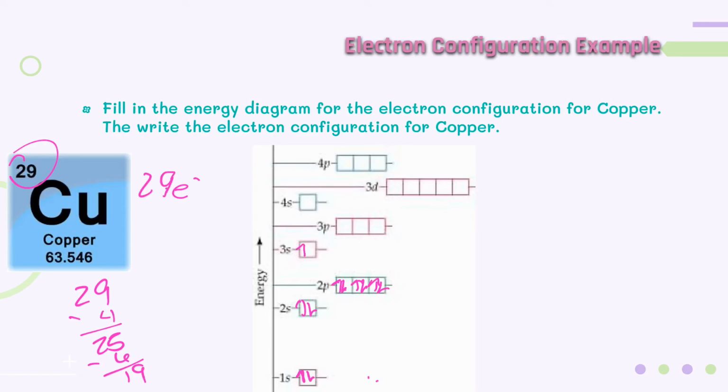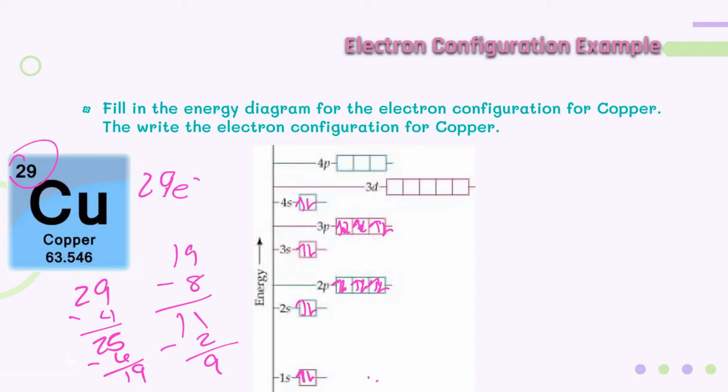So my 3s, 1 up, 1 down, 3p, 1 up, 1 up, 1 up, 1 down, 1 down, 1 down. So in 3p, I've used 2, 4, 6, 8. So 19 minus 8, 11. So 4s, 1, 2. Used another 2. I have 9 to account for.